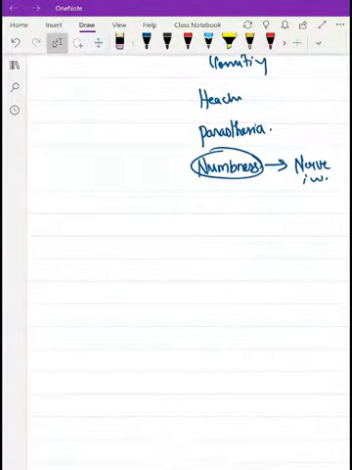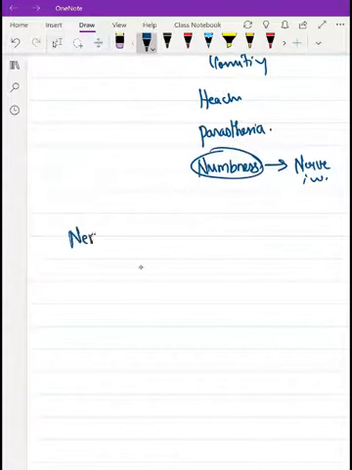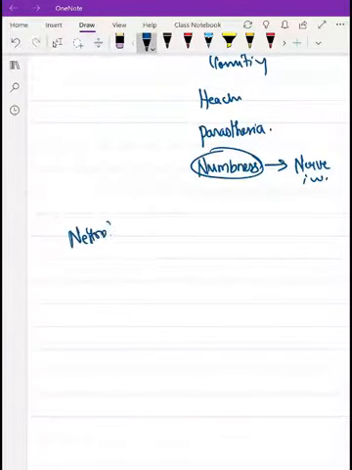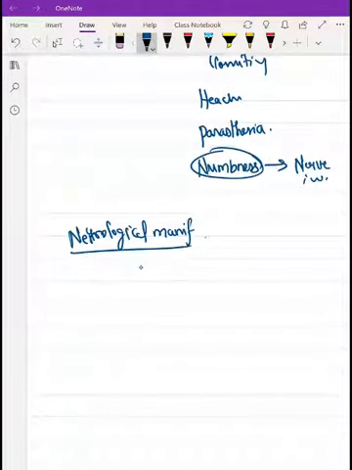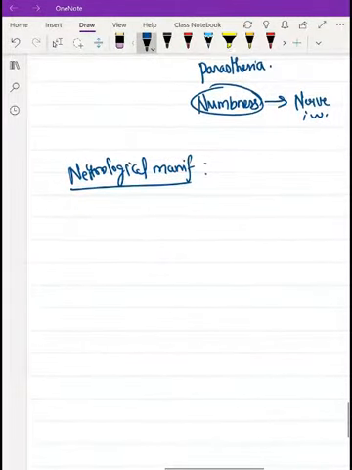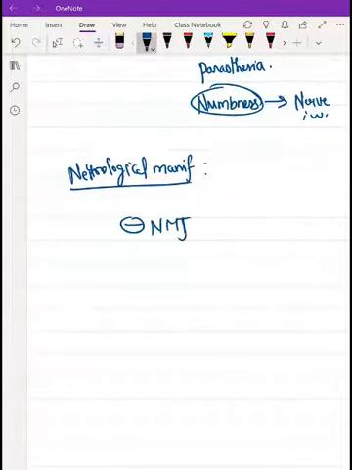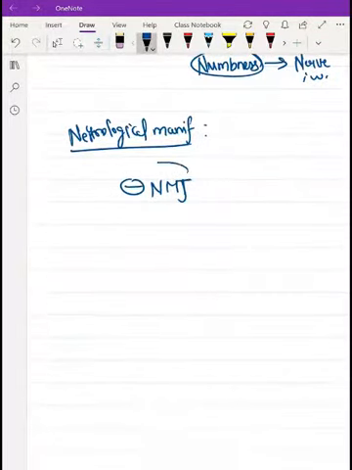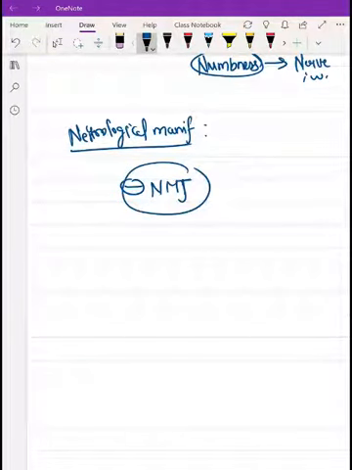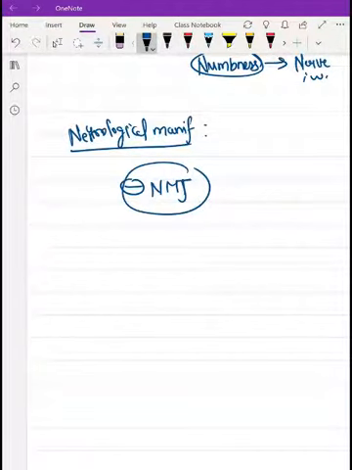Now, we will talk about the neurological manifestations. They inhibit the neuromuscular junction. When the neuromuscular junction is inhibited, skeletal muscle cannot be contracted, so there will be paralysis or weakness of muscle.